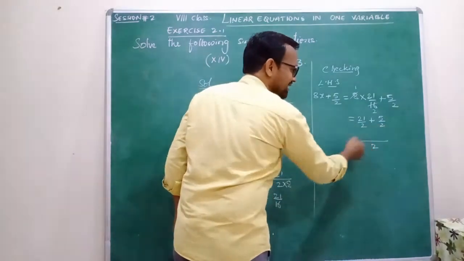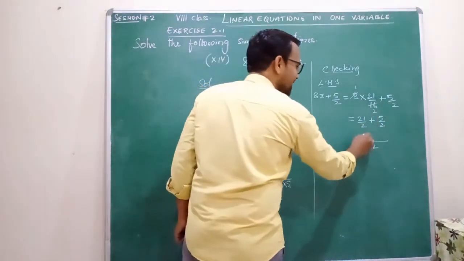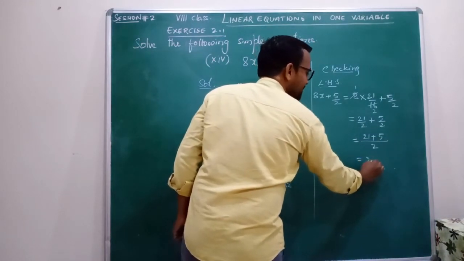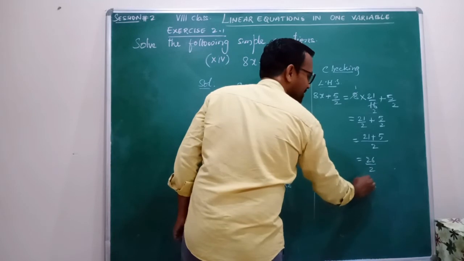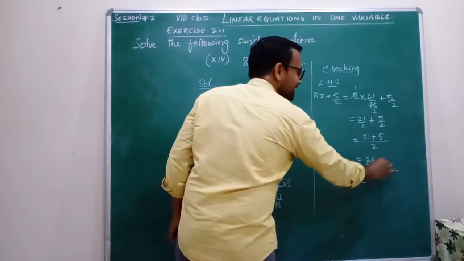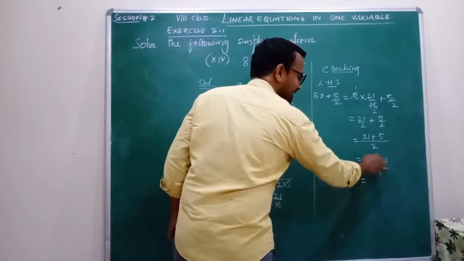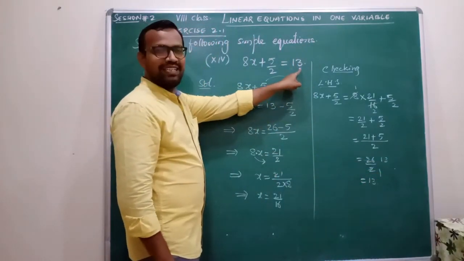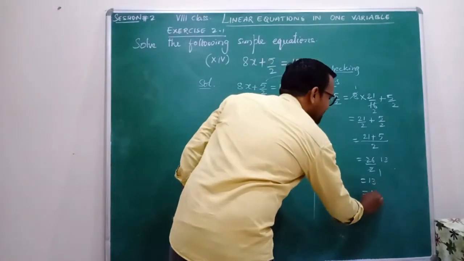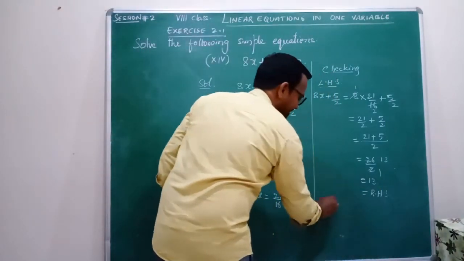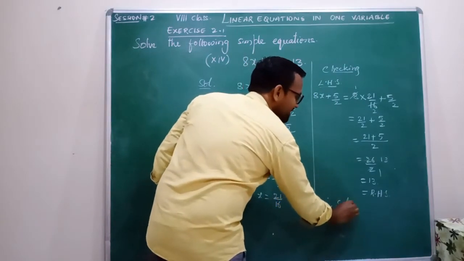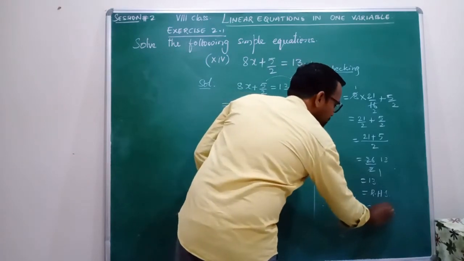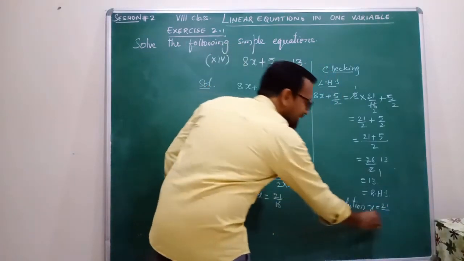Since the denominators are the same, the numerators are added: 21 + 5 is 26, so 26/2. 2 ones are 2, 2 thirteens are 26, so 13/1, which is nothing but 13. See here, the RHS in the equation is 13, so LHS is equal to RHS. Therefore, the solution for this equation is x = 21/16.